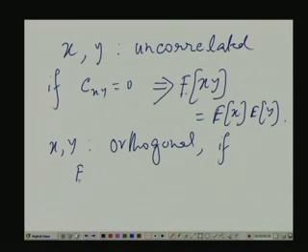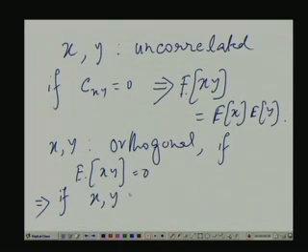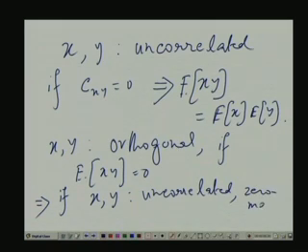if x and y are uncorrelated with zero mean, either both or at least one.